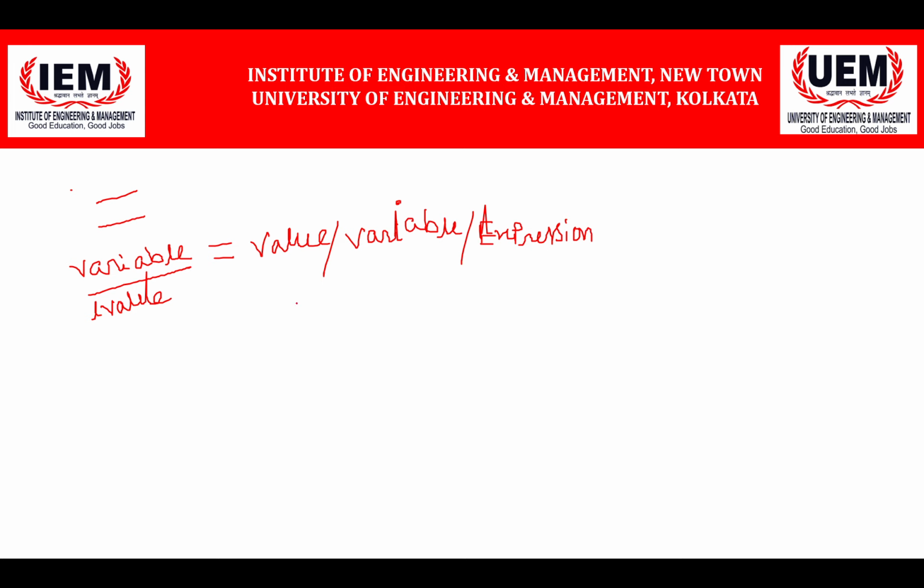Suppose I have written A equal to 5. Now, what is the meaning of that? That means, always remember, when you define any variable, in the name of A, one memory allocation is created.